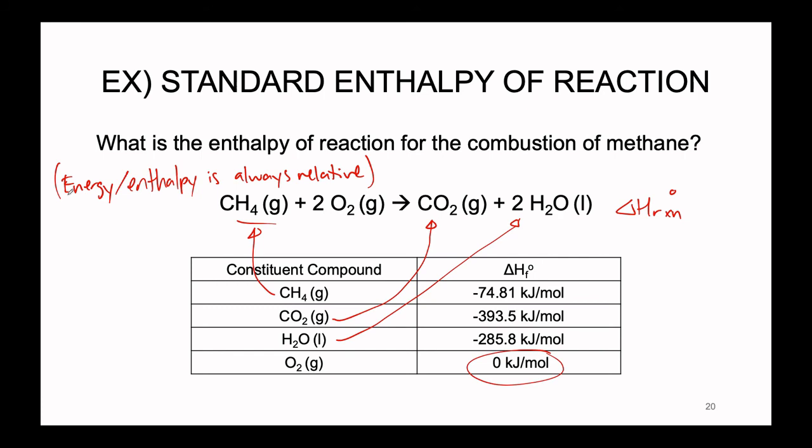Well, as it turns out, the way that we have standardized in the scientific community our measurement of energy/enthalpy is by saying any element in its natural form has a 0 enthalpy. So oxygen in its gaseous state, charcoal, like carbon, in its solid state, N2 gas, nitrogen's natural state, silver in its solid pure form, each of these pure elements has a 0 enthalpy.